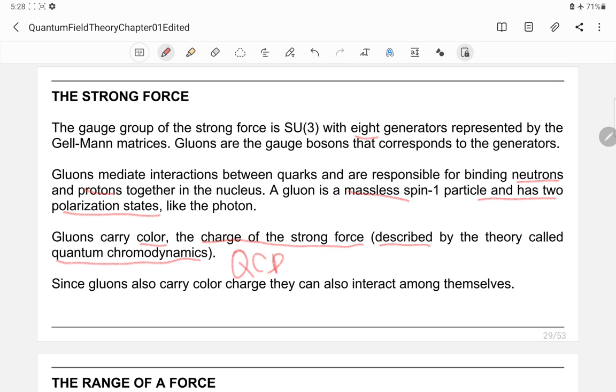Since gluons also carry color charge, they can also interact among themselves, and they can even form a 4 gluon state or a 3 gluon state.